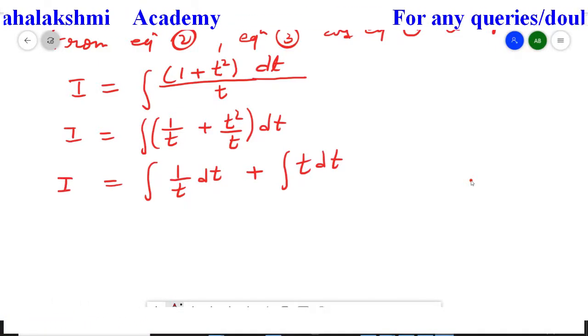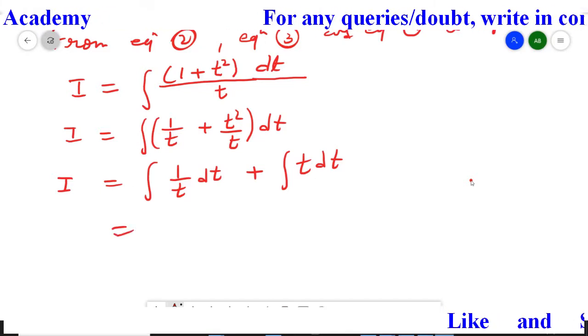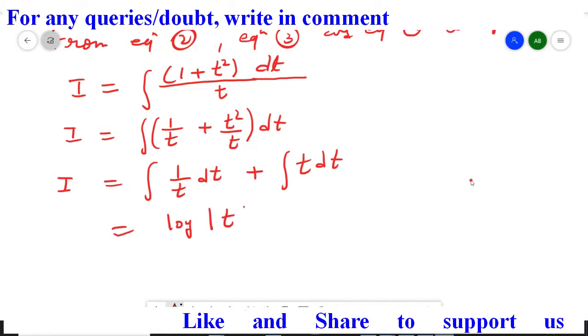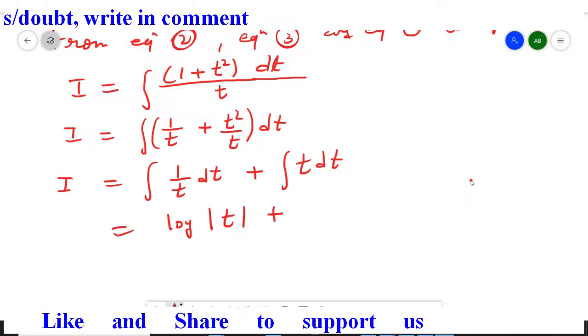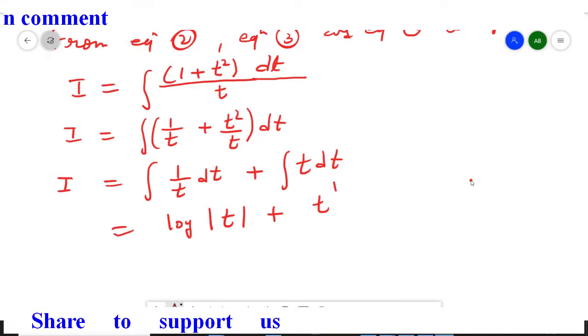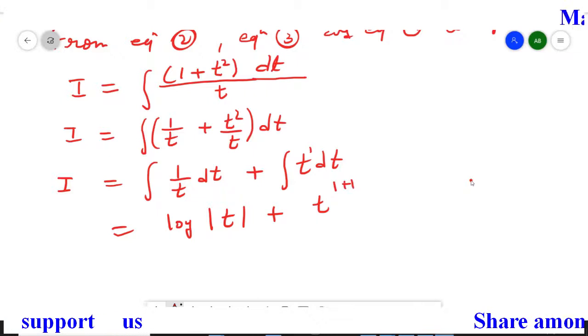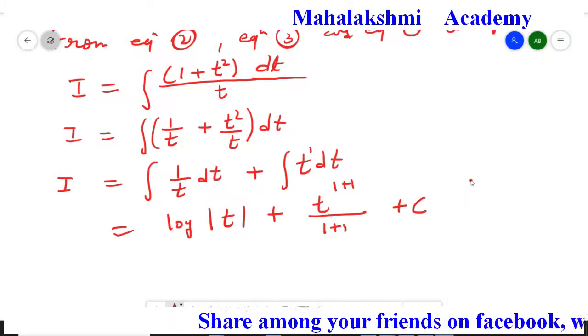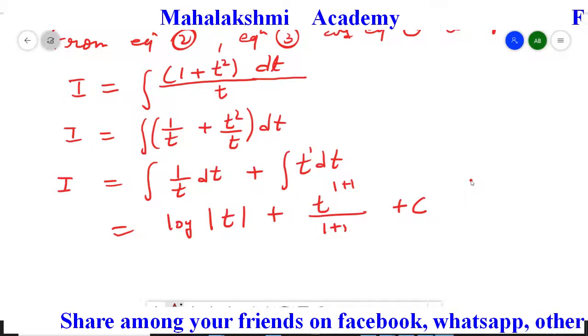Now we will apply the integration formula. 1 upon t's integration is log mod t, plus t's integration is t to the power n plus 1 upon n plus 1, that is t square upon 1 plus 1, plus integration constant. So we have used the formula here.